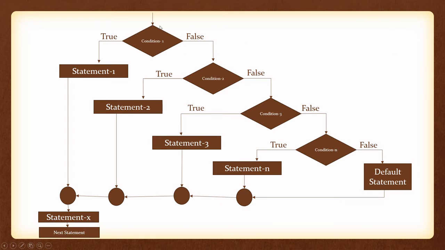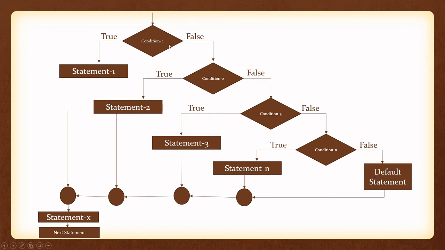Just I'm telling it once again. If the condition 1 failed, then only it comes to the condition 2. If the condition 2 failed, then it will check the condition 3. Even if the condition 3 failed, then it will check the condition n. Even if the condition n also failed, then it goes for the default statement.